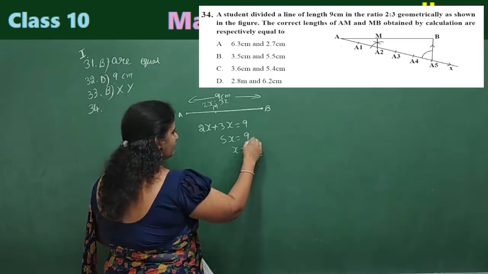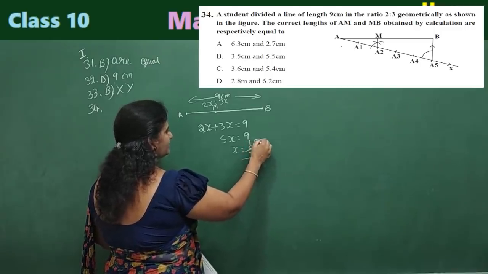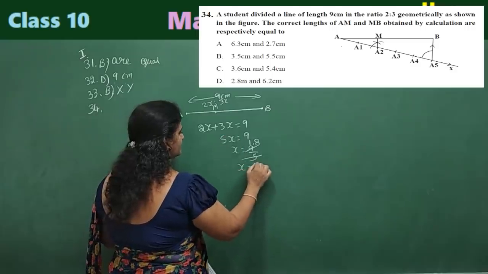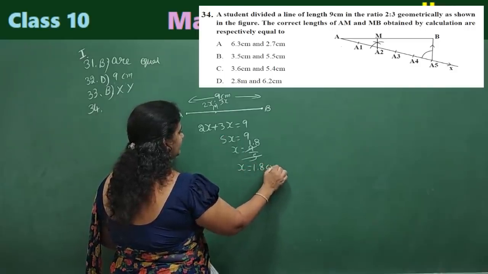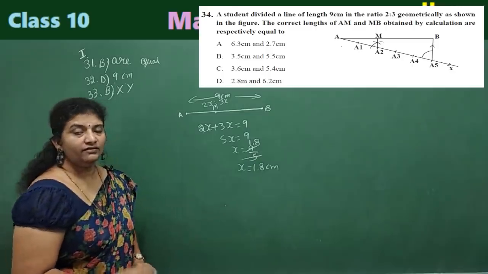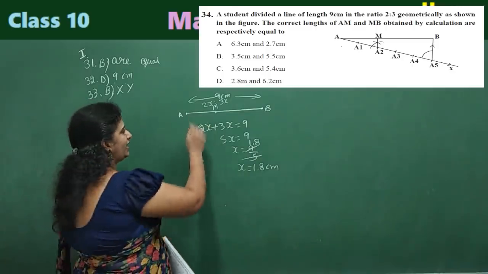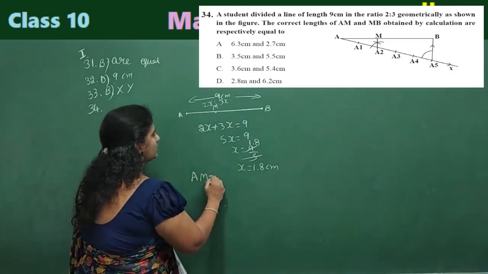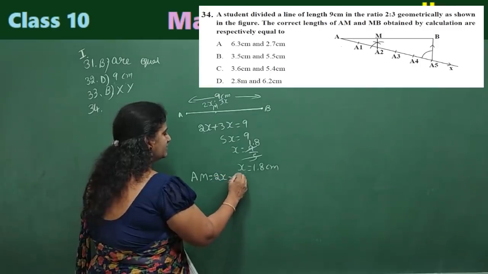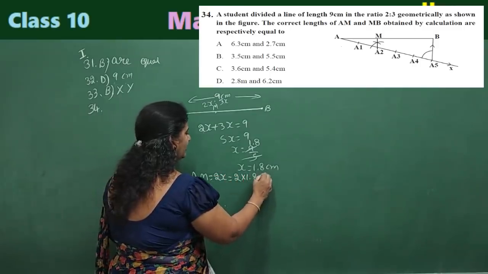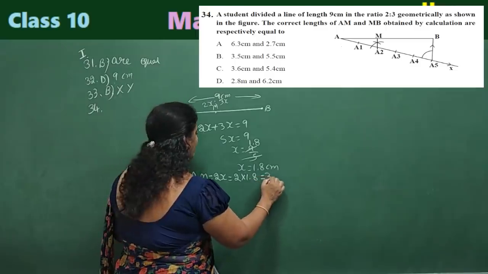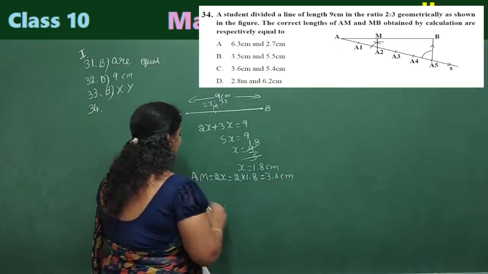That will be 5 ones are 5, 5 eights are 40. x is equal to 1.8 centimeter. Right? We got x now. Then find AM. AM is equal to 2x. That means 2 into 1.8, that will be 3.6 centimeter.